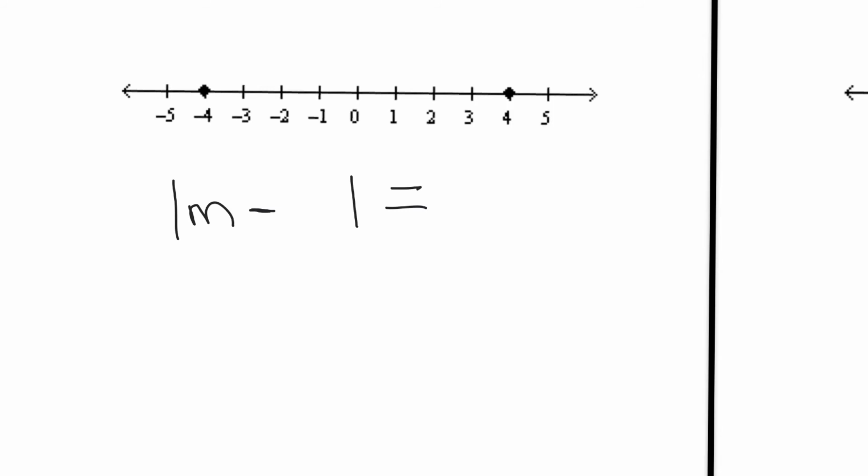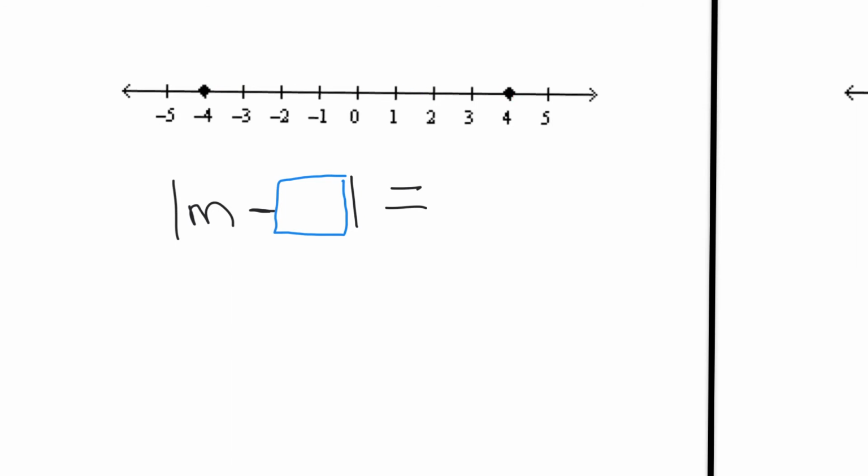Now here you need to find the midpoint right here in that empty space. You need to find the midpoint from negative 4 to positive 4. So what I mean is, what is the middle number from negative 4 to positive 4? And you can count.